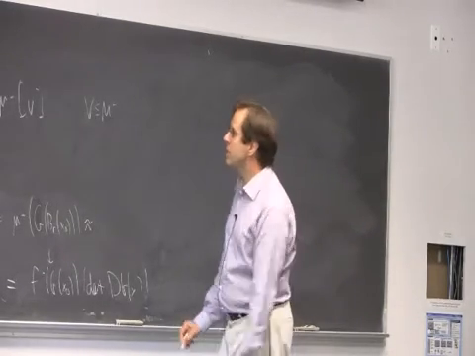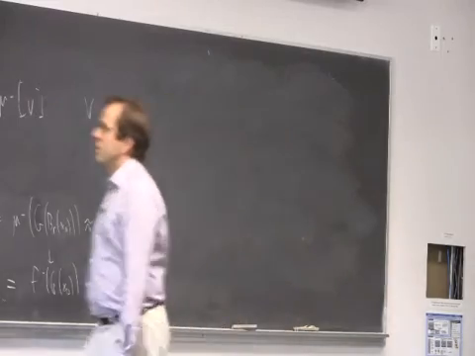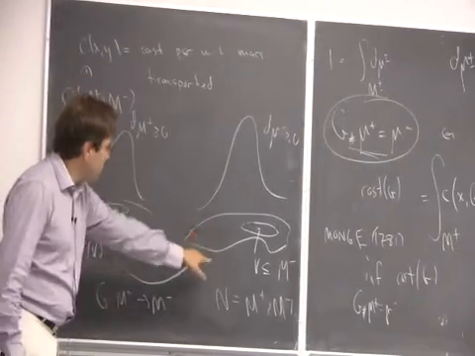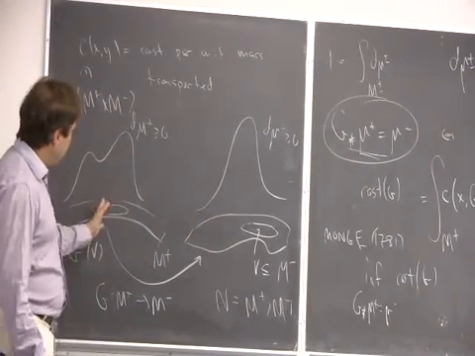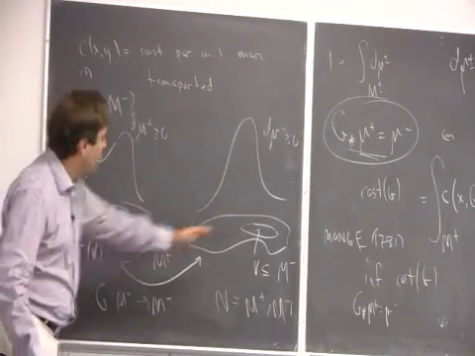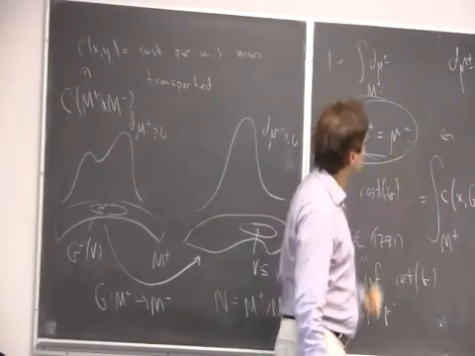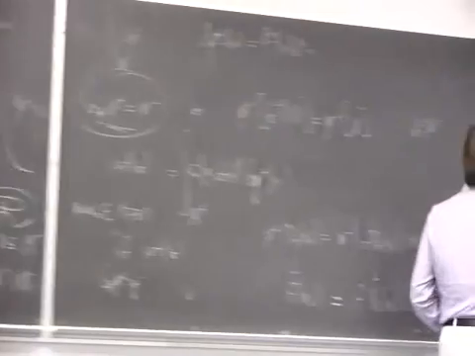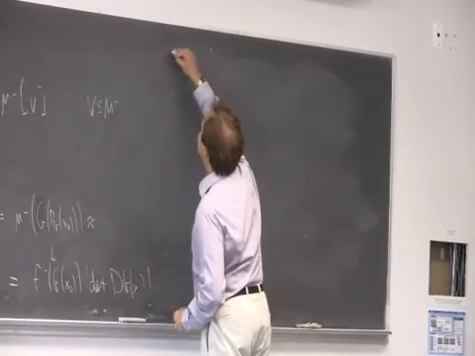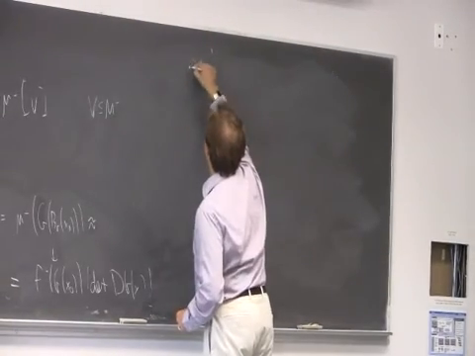So Kantorovich's idea was, instead of forcing every mine to supply x to supply a single factory g of x, let's allow each mine to distribute its production over a family of factories. So instead of looking for a mapping G that rearranges mu plus to give me mu minus, let's look for a non-negative measure, gamma, on the product space.